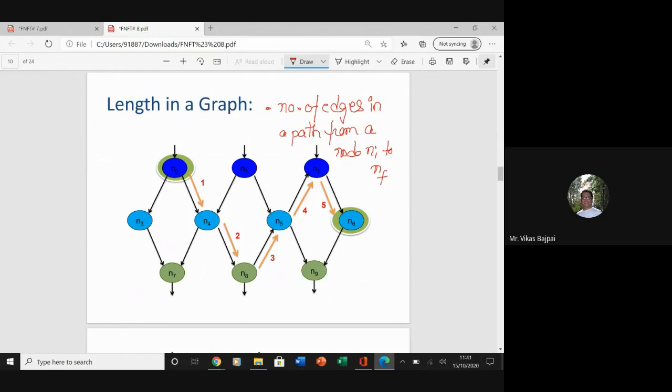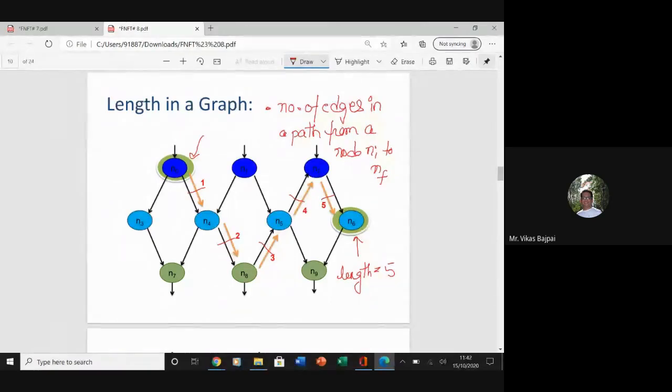Ni is where the path started, Nf is the final destination. So in this particular case, let's say I have to go from N0 to N6, then what I see is 1, 2, 3, 4, 5. So the length becomes 5 in this particular case.